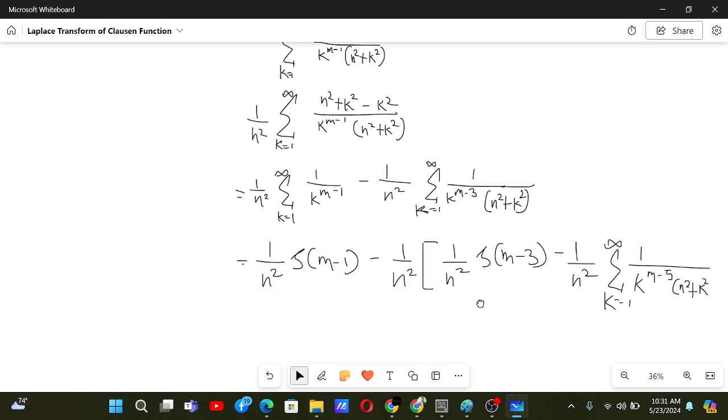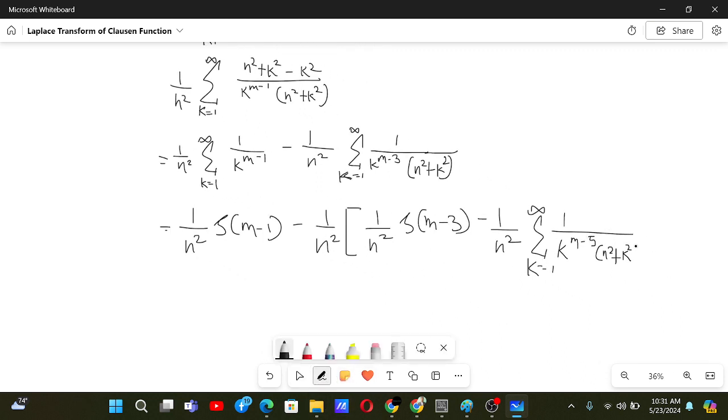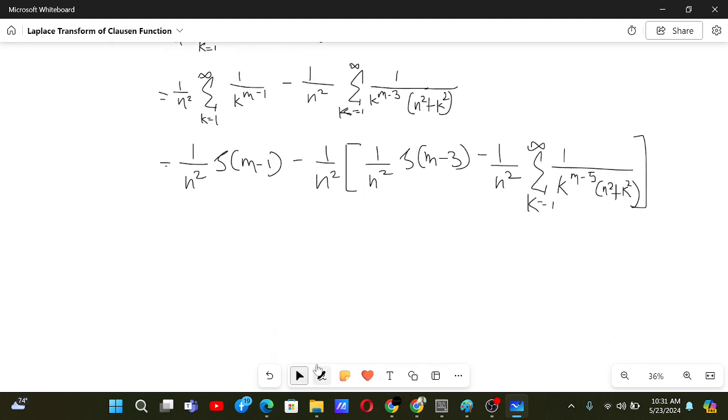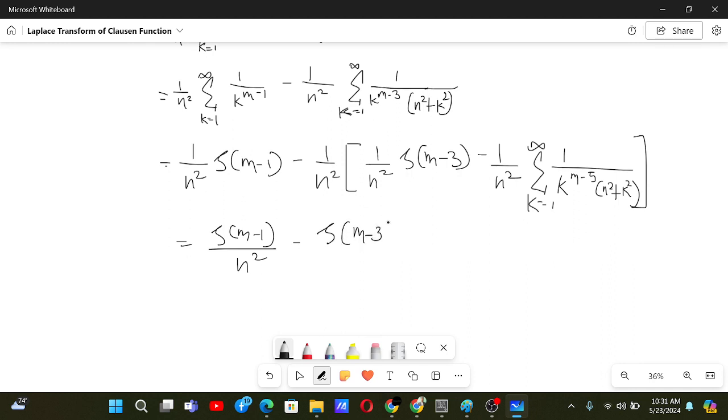You get this? Okay, nice. And then this will now be Riemann zeta of m minus 1 by n square, minus Riemann zeta of m minus 3 by n to the power 4.